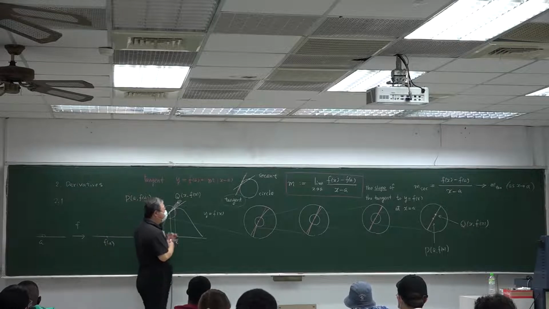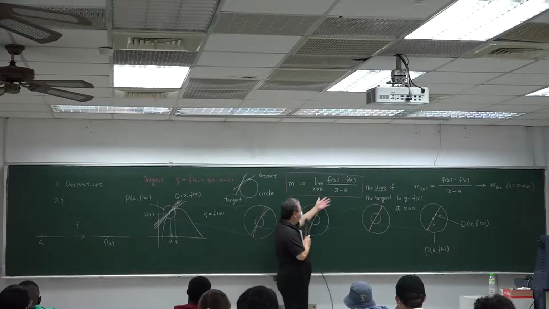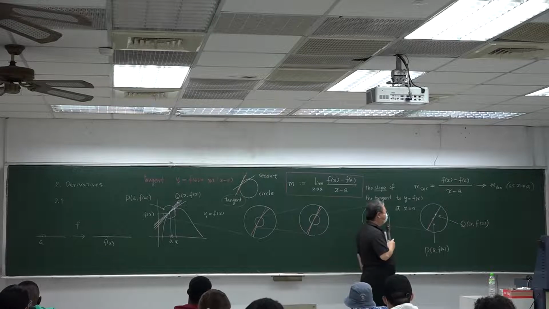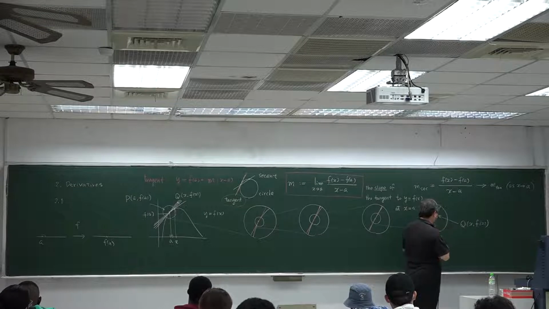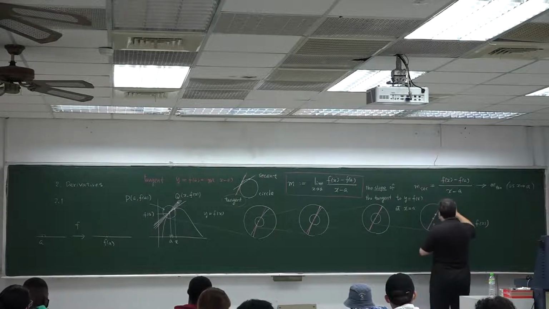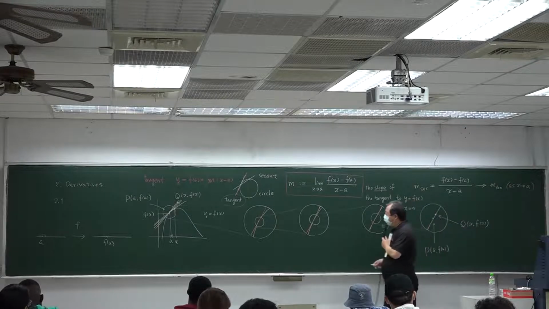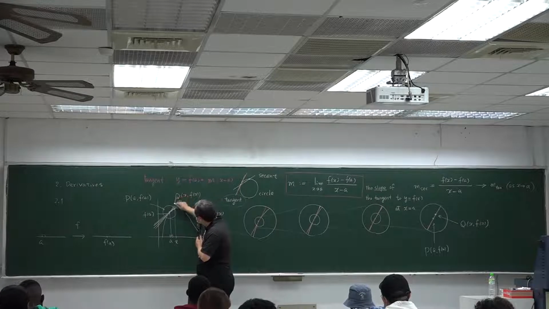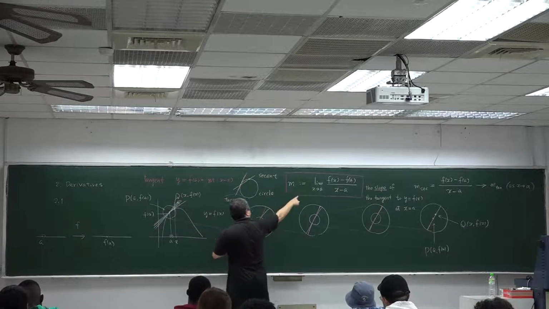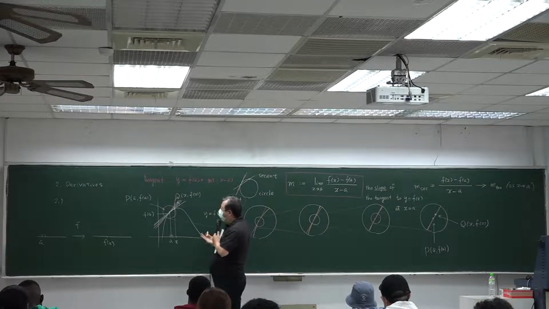This number is exactly the slope of the straight line PQ, but the limit will be a number.